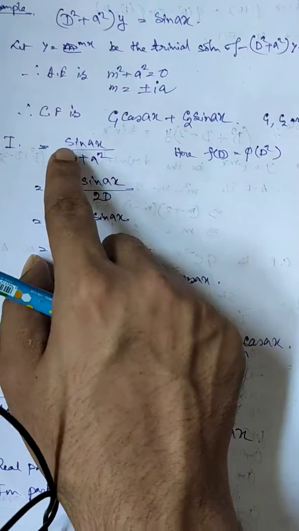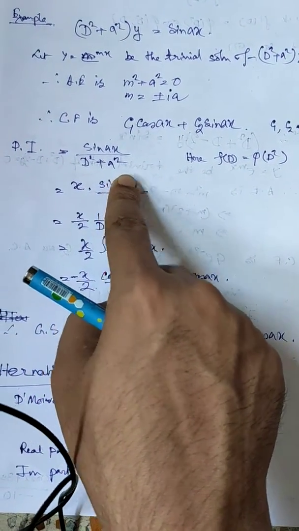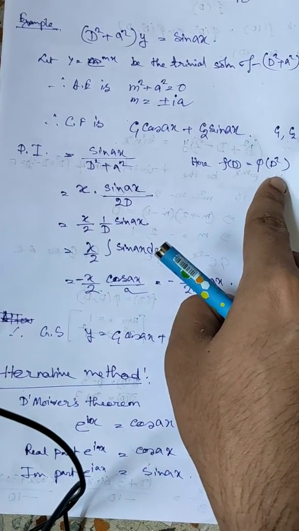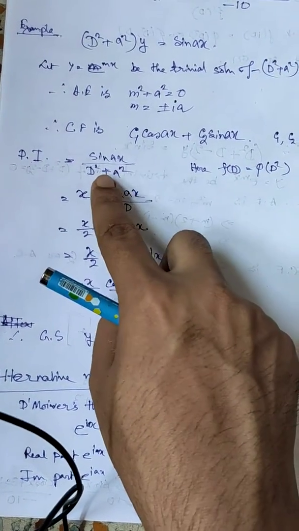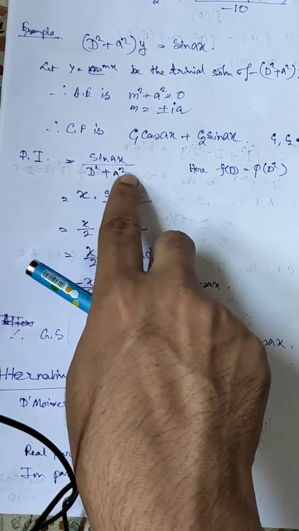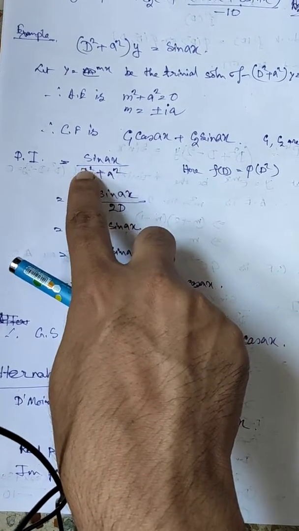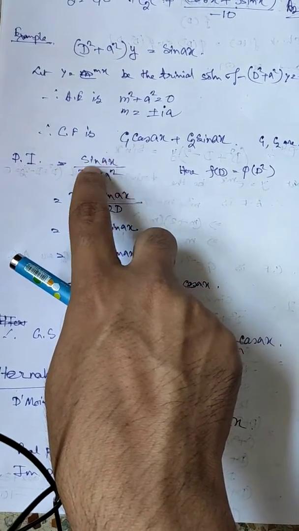Now come to the particular integral, sin ax by D squared plus a squared. Here f of D is phi of D squared. So if you replace D squared with minus a squared, this becomes 0, so I cannot write that. In that case, what will I do?